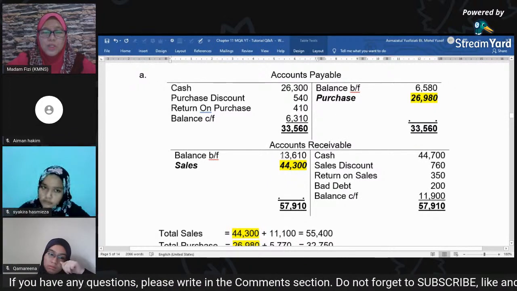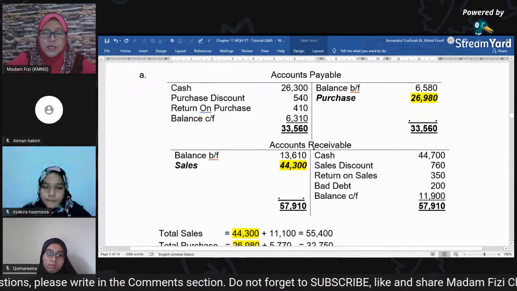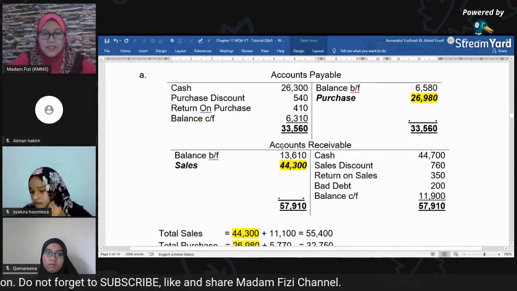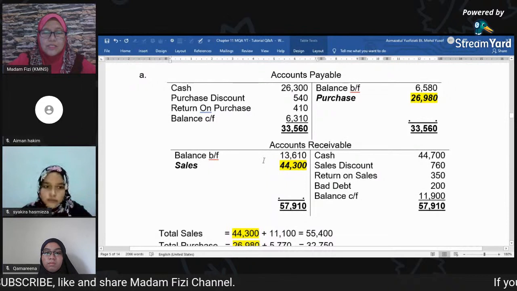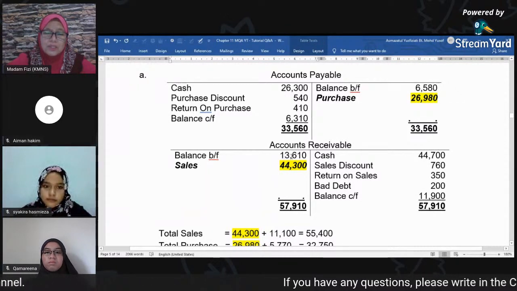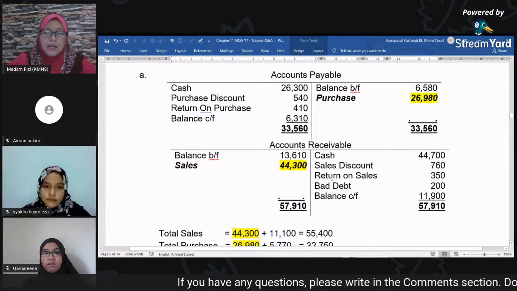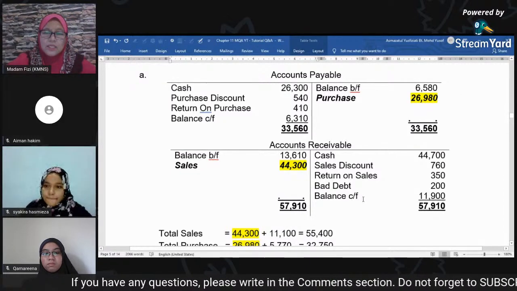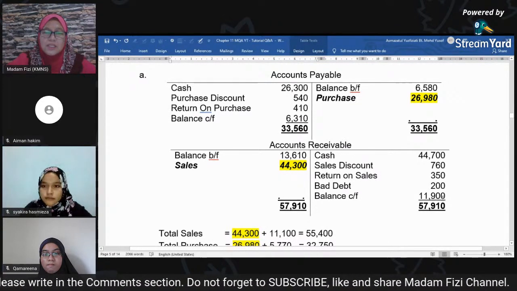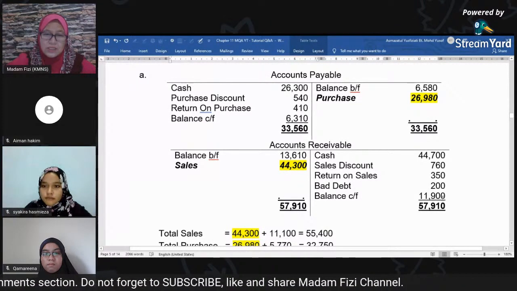Okay, now we look at T account for accounts receivable. Because accounts receivable is asset, so the balance brought forward is at the debit side, 13,610, and the balance carry forward is 11,900. This figure you can get from the question.